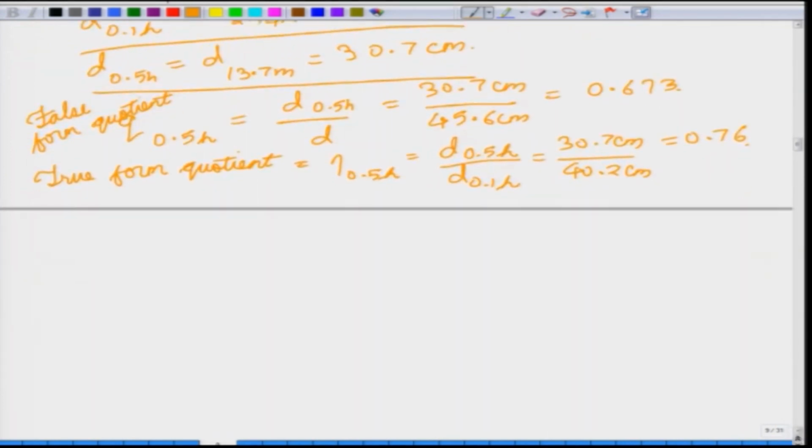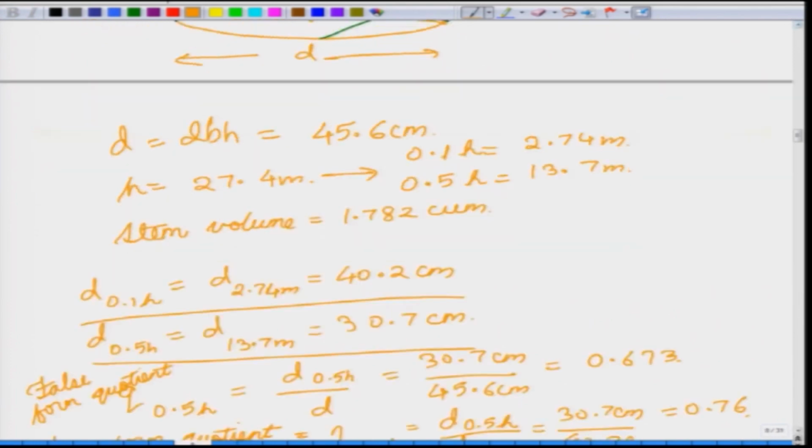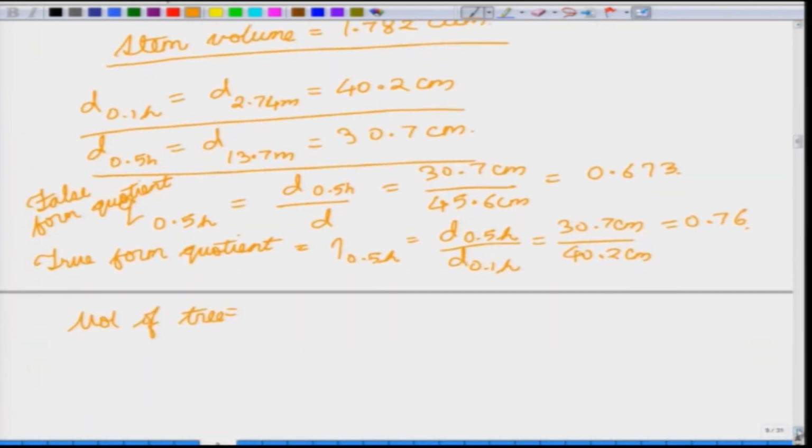Next, we want to measure the volume. So, you have the volume of the tree. Now, this volume is given as 1.782 cubic meters.